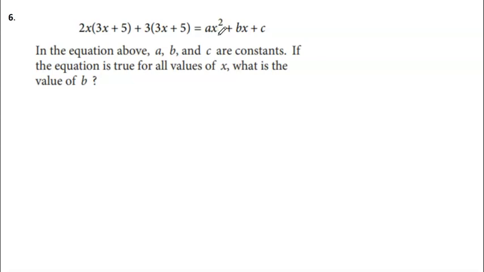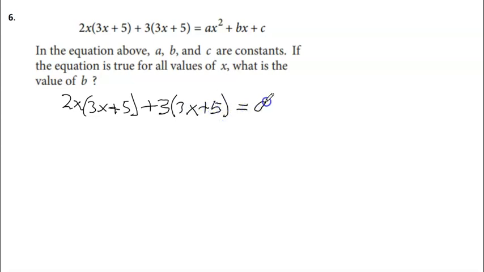So in this case, the coefficient of x squared on the right is A, right? The coefficient of x on the right is B, and then we have a constant C. So let's try and do this. So on the left, we have 2x in brackets 3x plus 5 in brackets 3x plus 5, right?